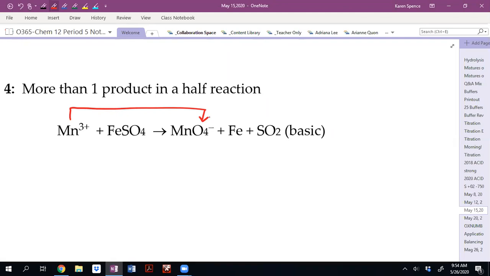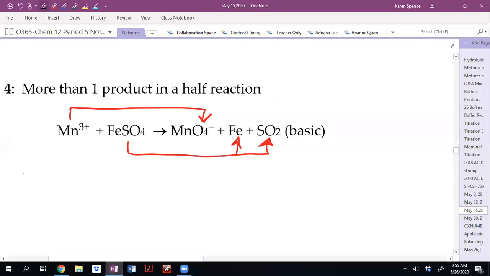What are the products of that half reaction going to be? Well, there won't be one product, there will simply be two products. So the top half reaction has one product, and the bottom half reaction has two products. Other than that, it's just identical to every other example we've done.